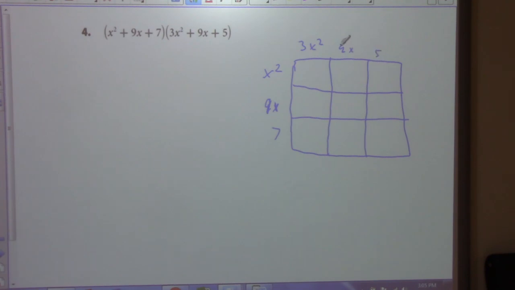And that gave me 3x to the power of 4, 9x to the power of 3, 5x squared, and 27x to the power of 3, 81x to the power of 2, and 45x, and then 21x to the power of 2, 63x, and 35.